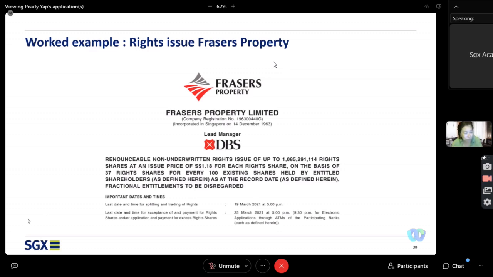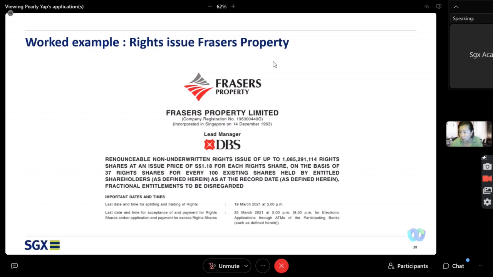Now, let's look at the timing here, which is quite important. It says here, last date and time of splitting and trading of the rights is 19th of March. So that means the rights are listed now and will trade until 19th of March. So if you do not want to subscribe, you can sell it in the market.